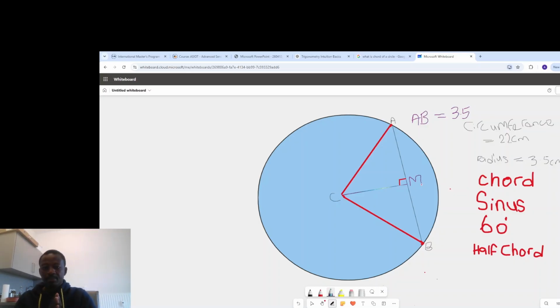Now let's look at how, if we want to find the angular position of these 2 points. So let's take it that we have B and A. We want to find the angular position. So let's take it that we want the angle between these 2 points. And this is where the concept of the sinus comes in.